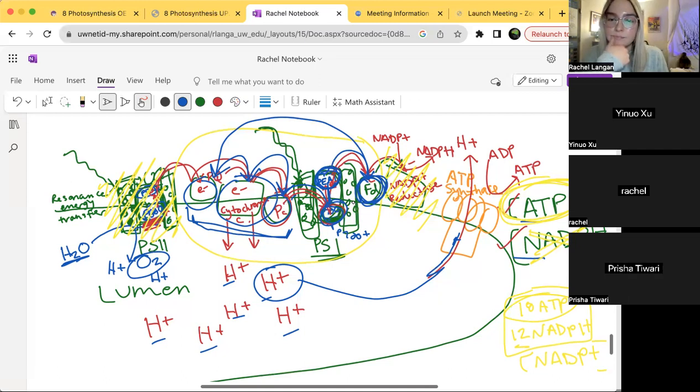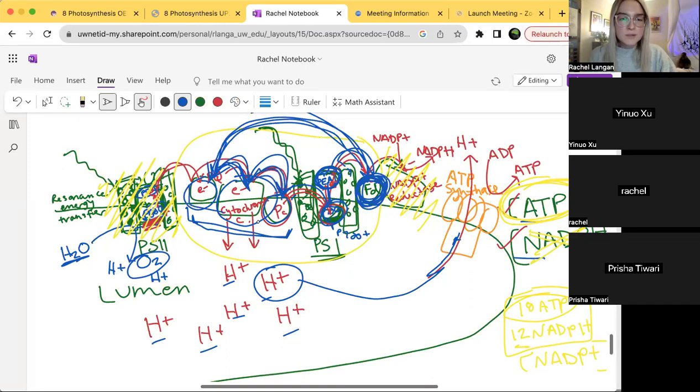Wait, could you repeat one more time how it makes ATP, or how it helps ATP synthase? Yeah, basically we start at PS1 and everything's the same. We end up sending an electron to ferredoxin. But then instead of ferredoxin sending electrons to NADP plus reductase, it sends it way over here, sorry, to PQ, which then sends it to cytochrome, which then sends it to PC.